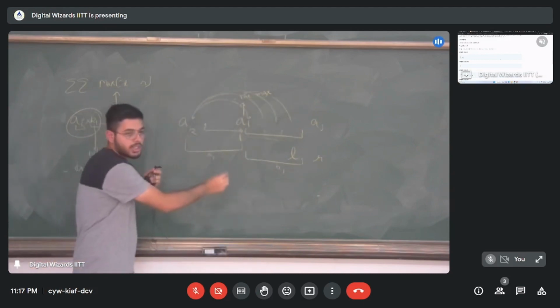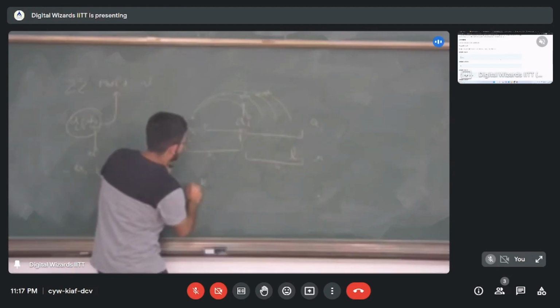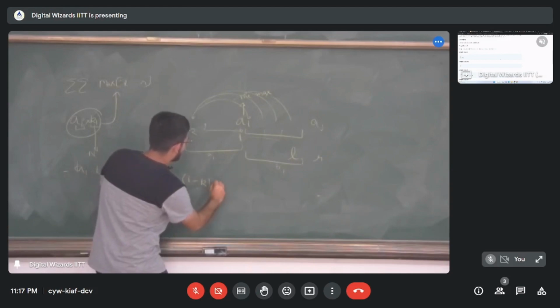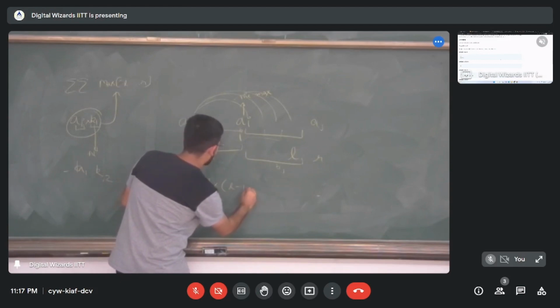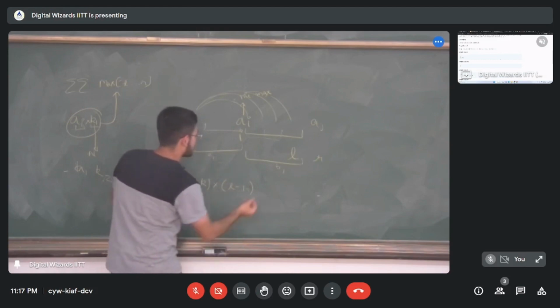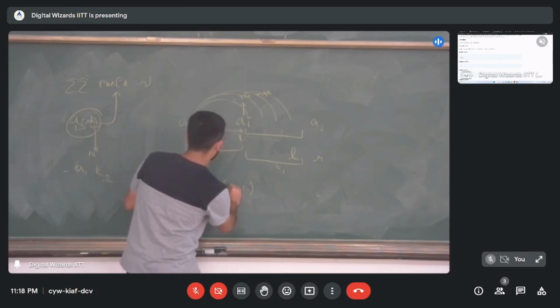So the number of subarrays would be, let's say, I minus k times L minus I plus 1, like L minus I, or R minus I. So that is J minus I, yeah.